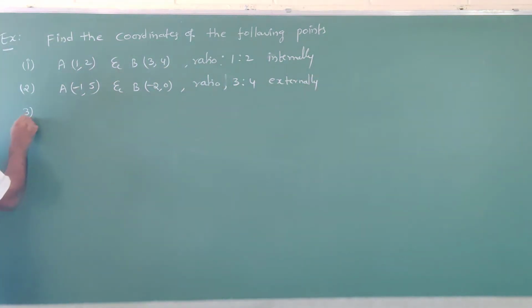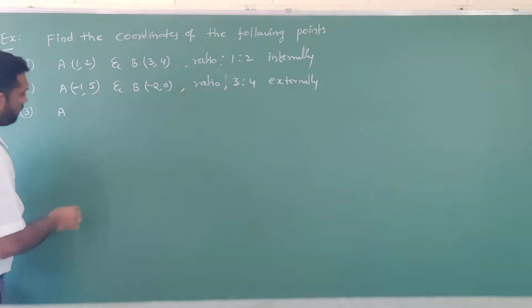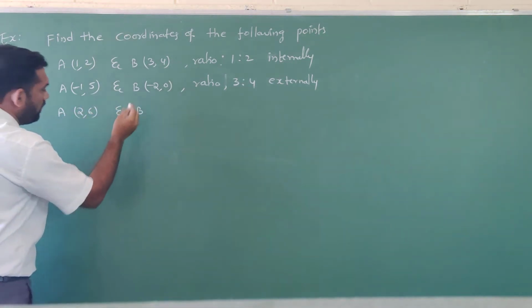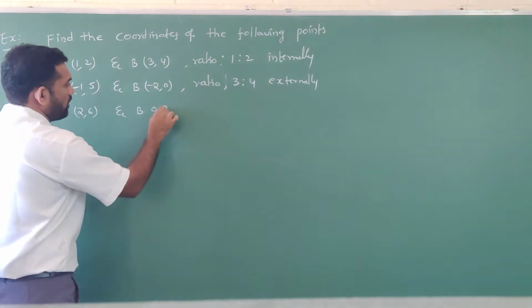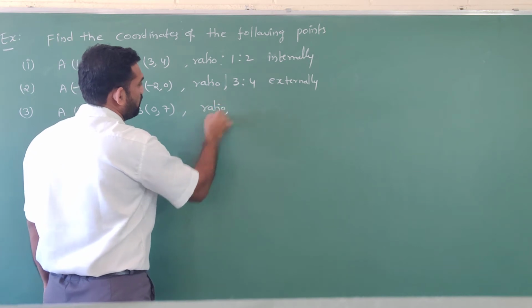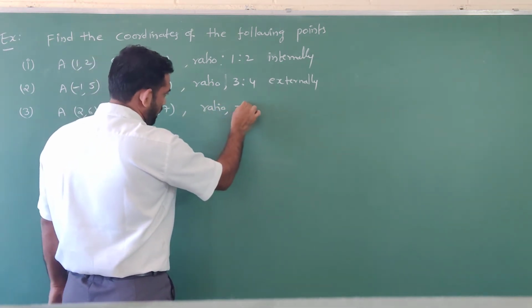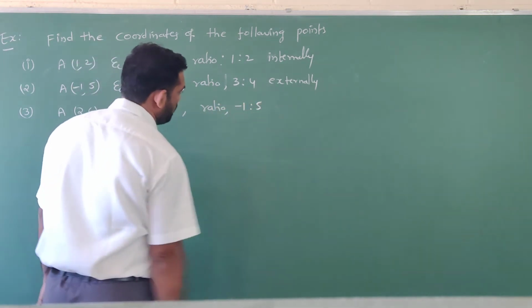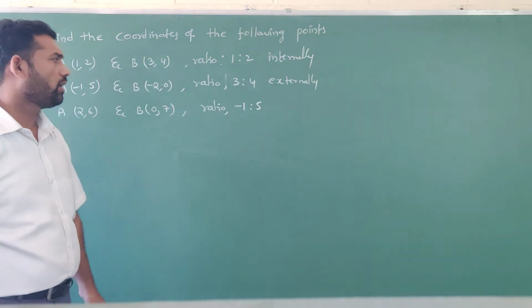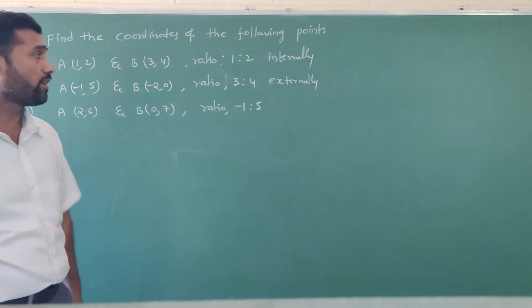Next, third one, A (2, 6) and B (0, 7). Ratio -1:5. -1:5 means the ratio should be externally.